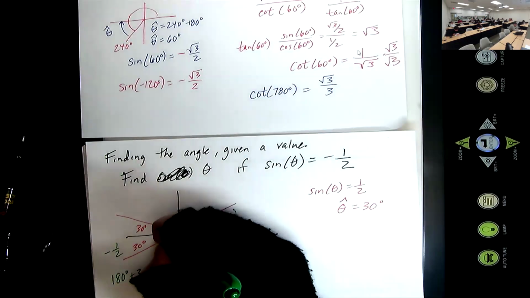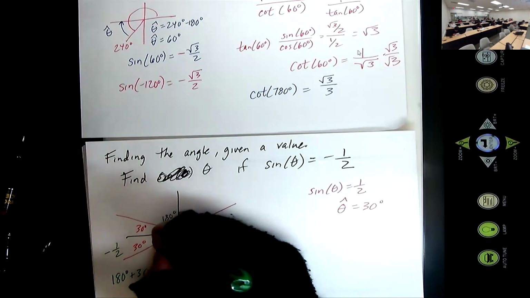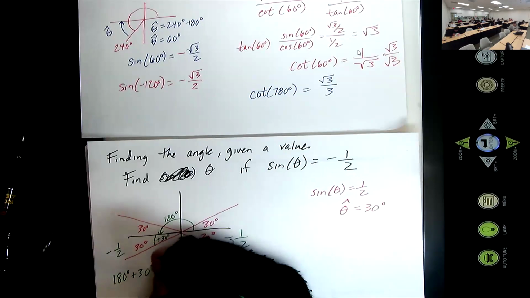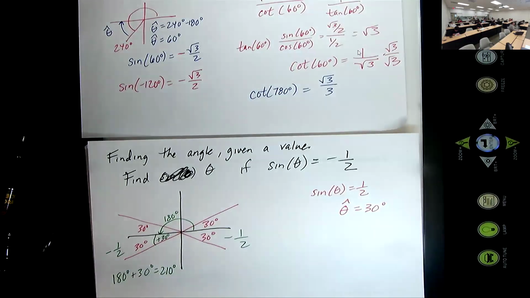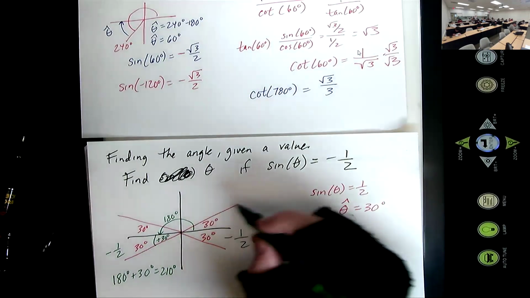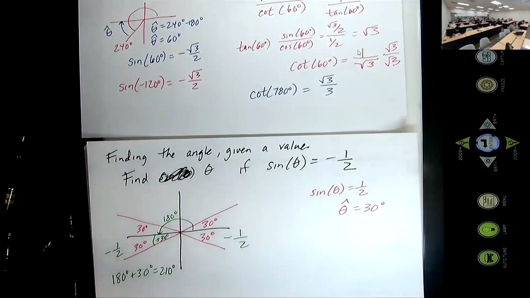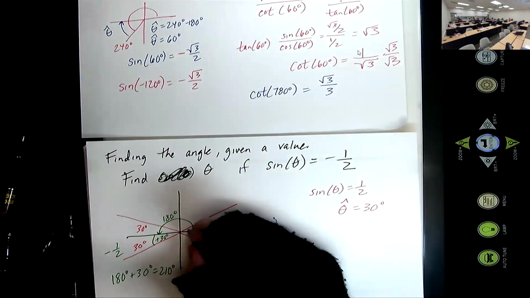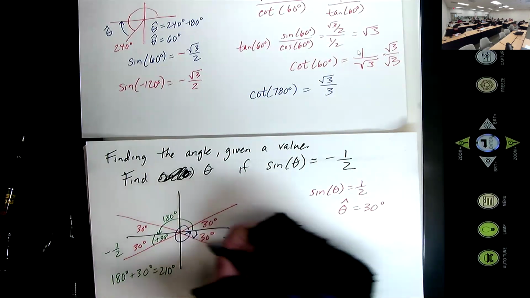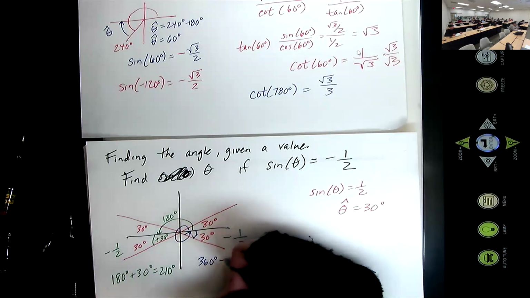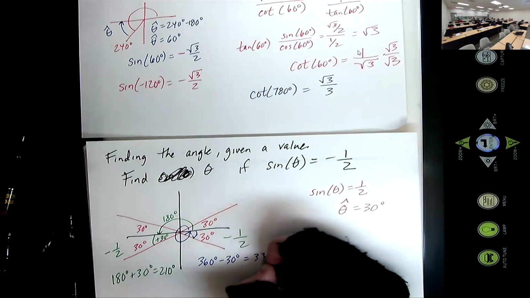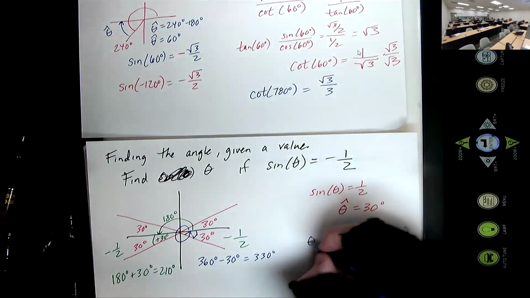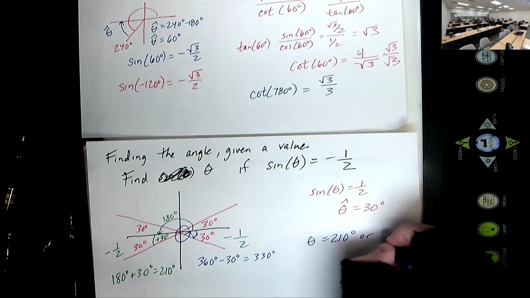So I'm going around 180, plus another 30, and I get 210 degrees is one of those thetas. And here, this one over here, is doing the full 360 and then subtracting off the 30. 330 degrees. So theta is going to equal 210 or 330.